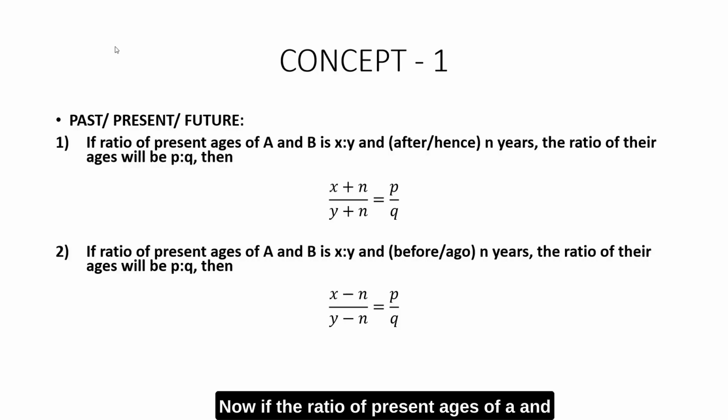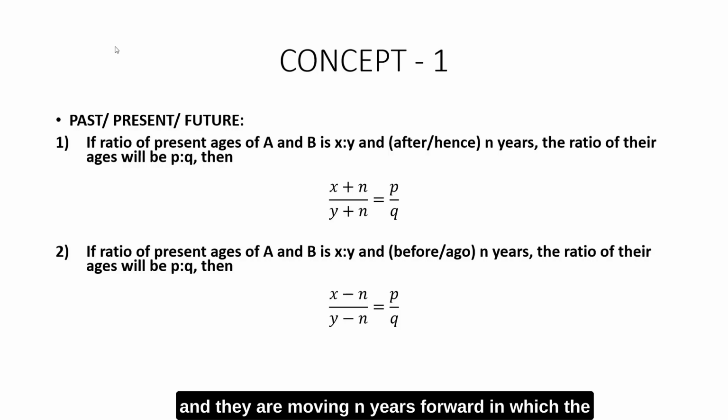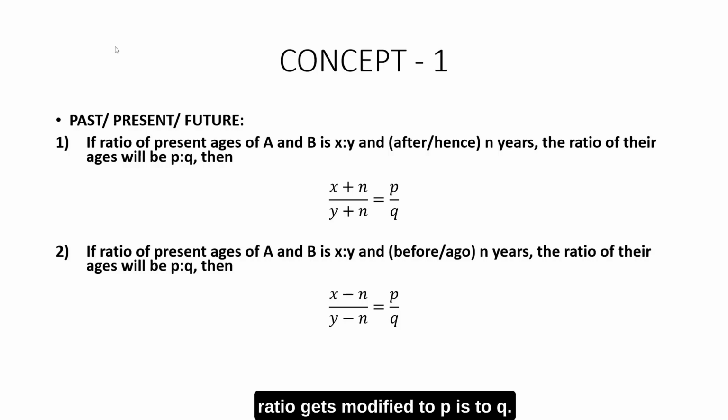If the ratio of ages of A and B is X is to Y, and after or hence n years, the ratio becomes P is to Q. So what is given is, at present, the ratio of ages of A and B is X is to Y. They are moving n years forward, hence it determines the future, and the ratio gets modified to P is to Q. Initially it was x is to y.